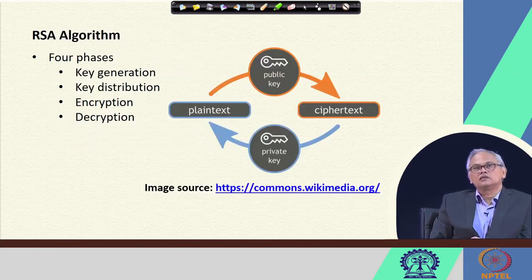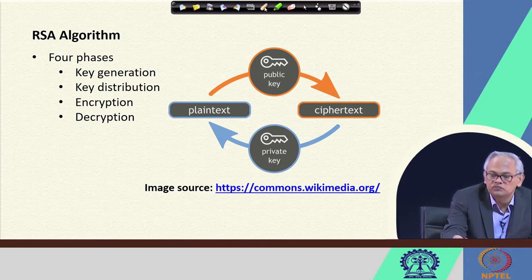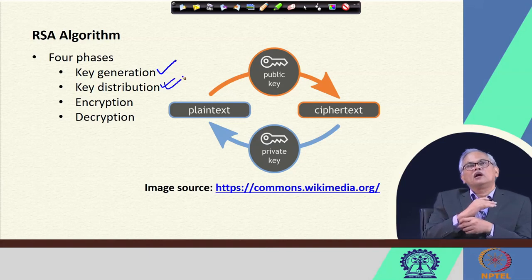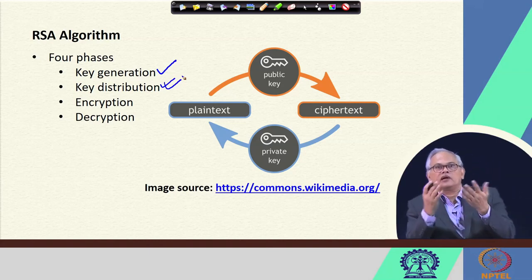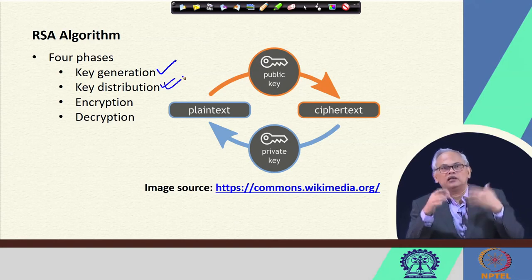So, in the RSA algorithm there are basically 4 broad steps. First of all, it starts with generation of the key, so the key pair has to be generated. Then key distribution, meaning the public key has to be made known to everybody. Of course, the private key will be kept secret by the party who is generating the key, like say Alice or Bob.